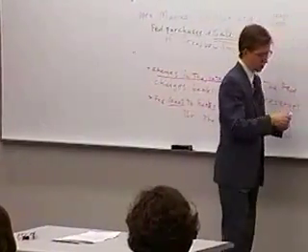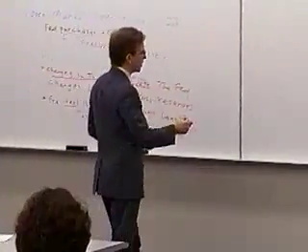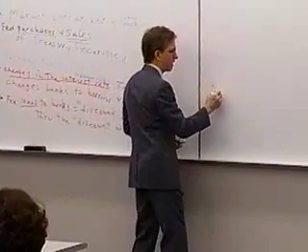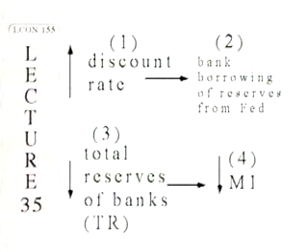Let me draw out a little diagram over here. If the Fed increases the discount rate, that will discourage or reduce bank borrowing of reserves from the Fed, and that will decrease total reserves.